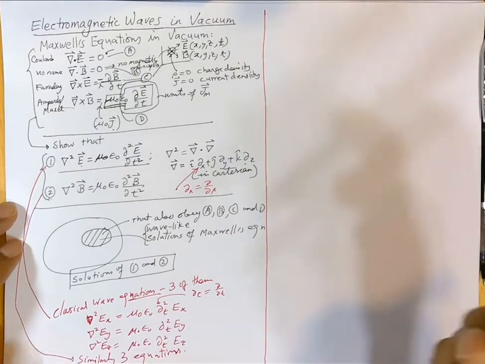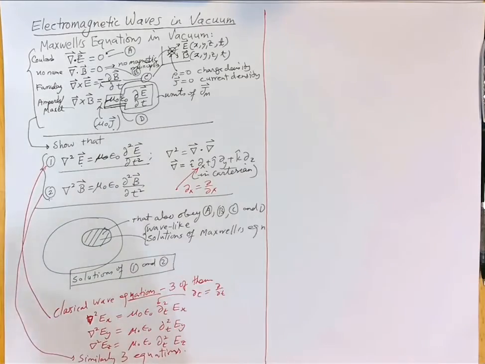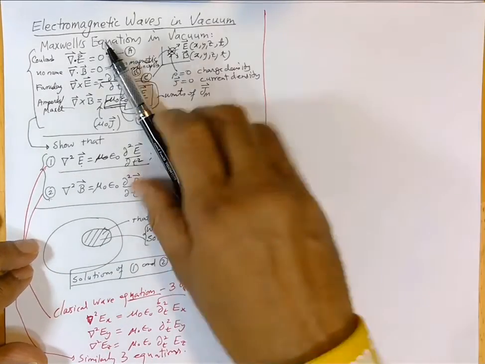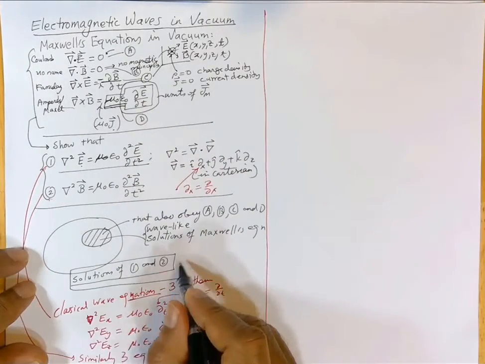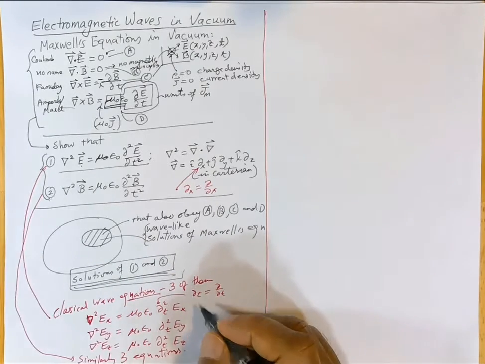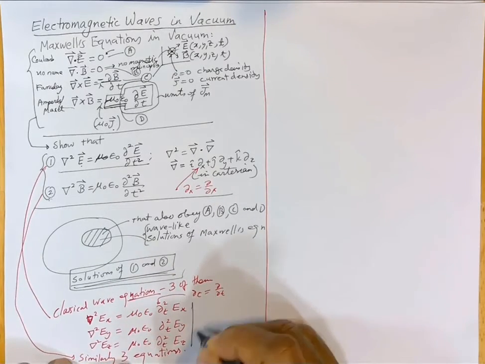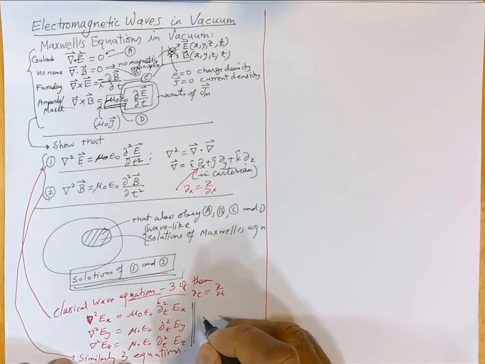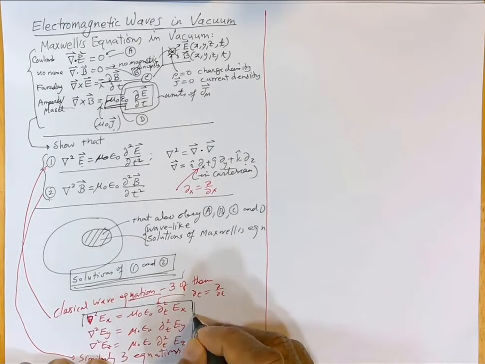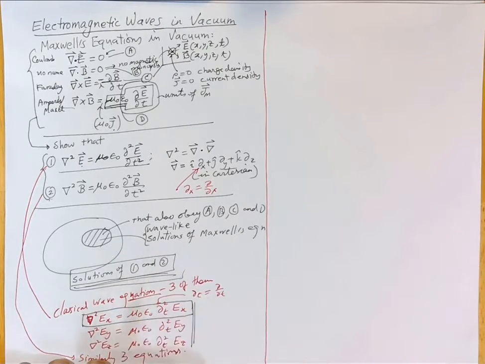Okay, now when we want to study 1 and 2, we look at the type of solutions we're looking for. Just look at 1 and then we'll see similar.